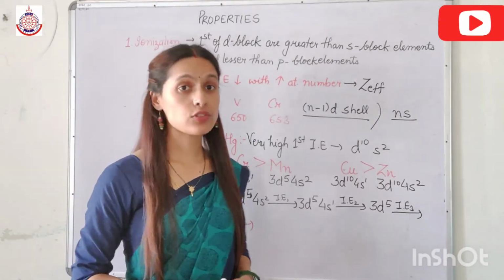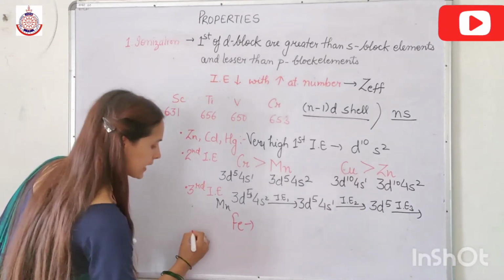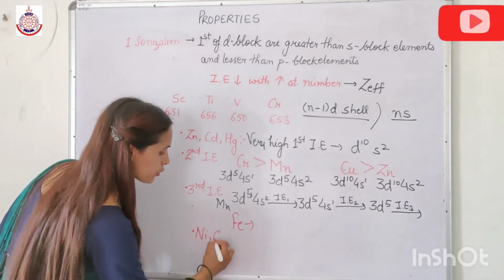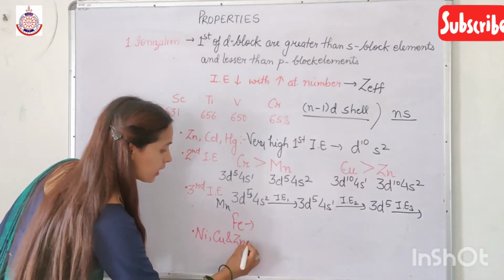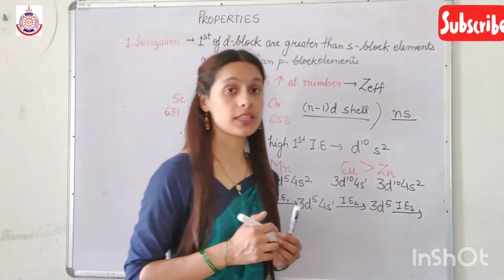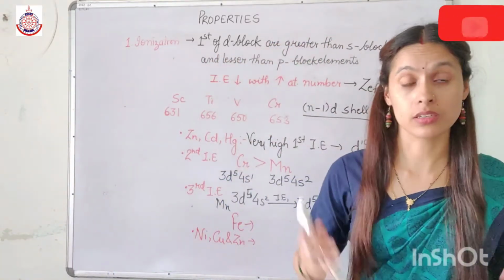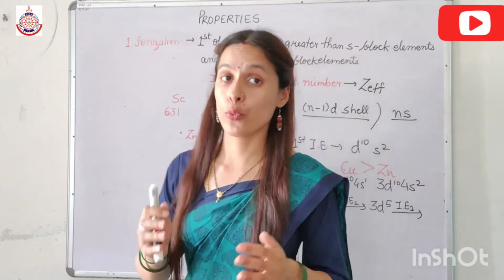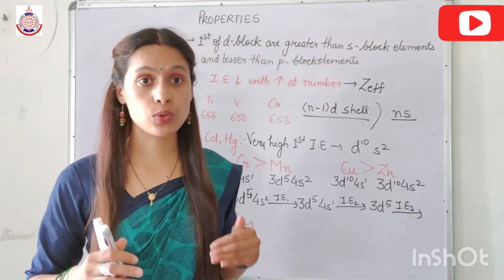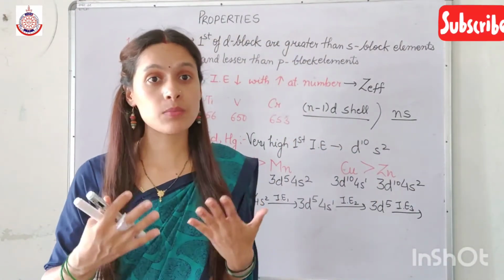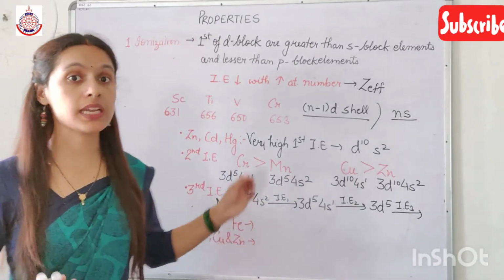And in case of nickel, copper and zinc, the third ionization enthalpy is very high, and this shows the maximum oxidation state of these elements is +2.